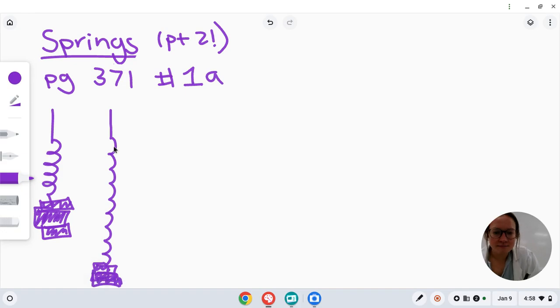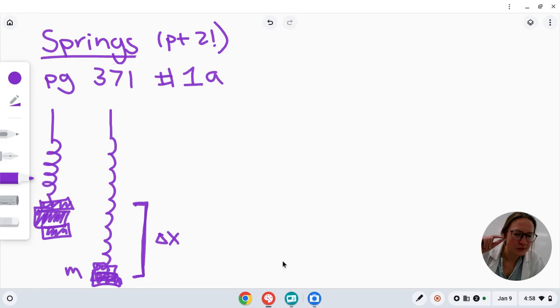The idea is if you can measure how much this spring stretches by, and you know how much mass you put on the end, you can figure out how stretchy or how stiff this spring is. You can find the spring constant based on how far it stretches from its equilibrium position when you put mass on the end. That's the idea.